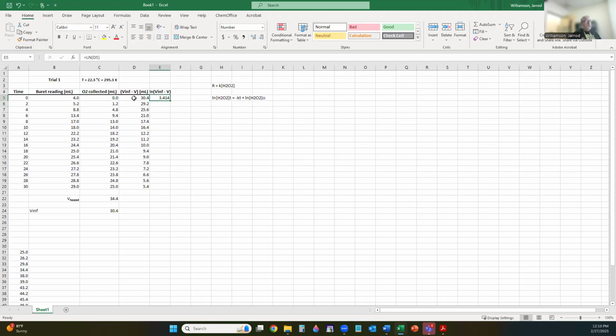That looks right. Control D down. Good. Now what I want to do is plot. So I highlight those two. This should be the x-axis. This should be the y-axis.